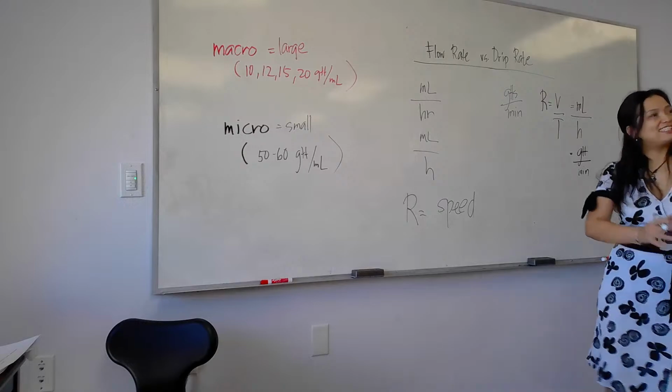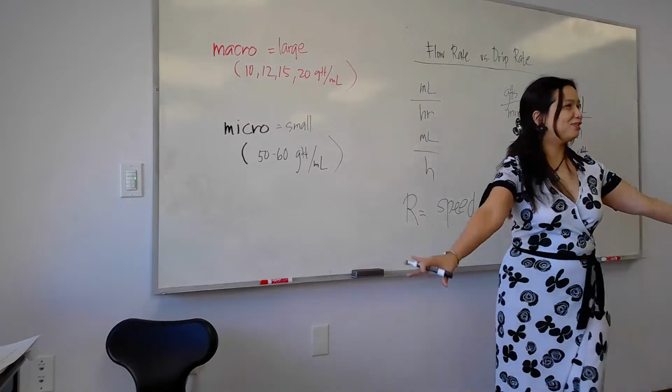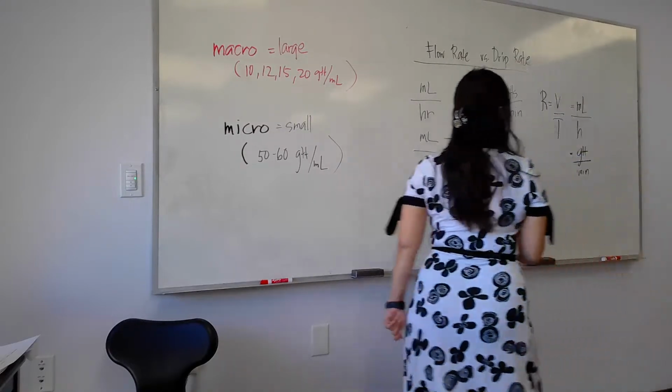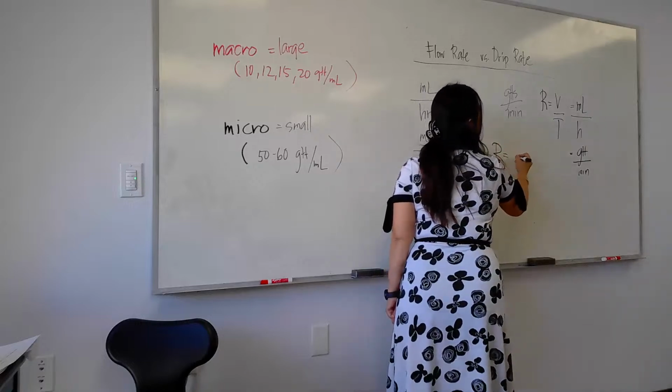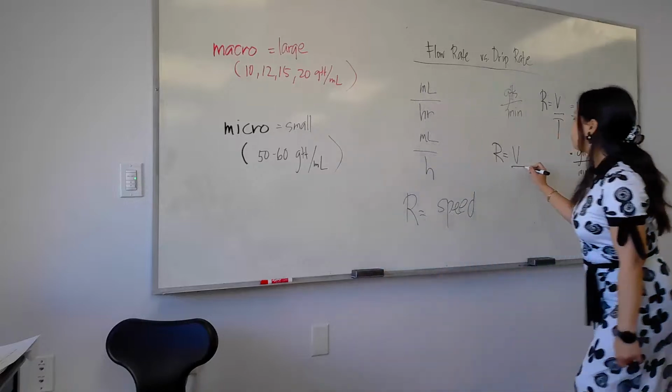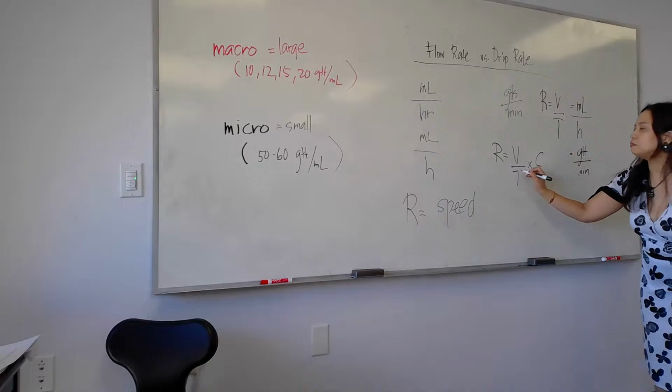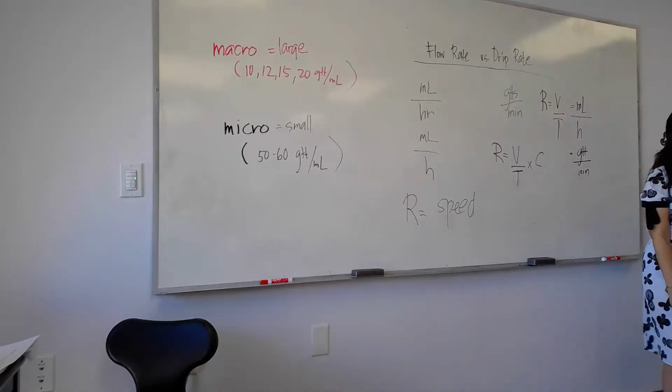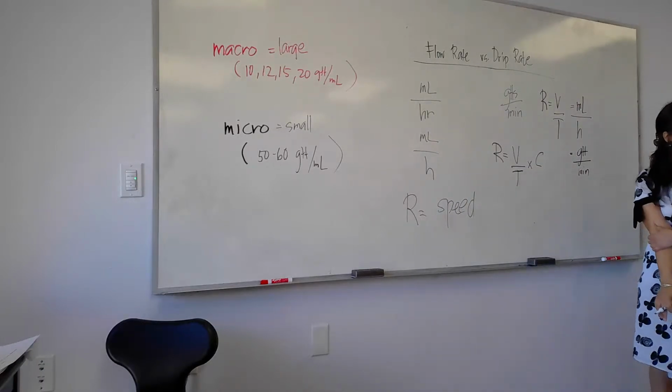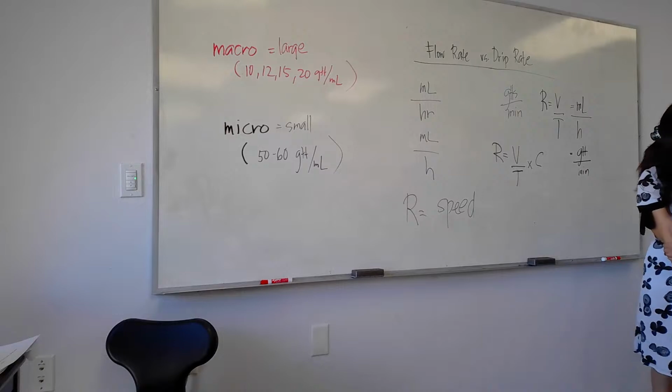However, there's an extended formula for drip rate, and that is R equals V over T times C. What is that now? Expanded.